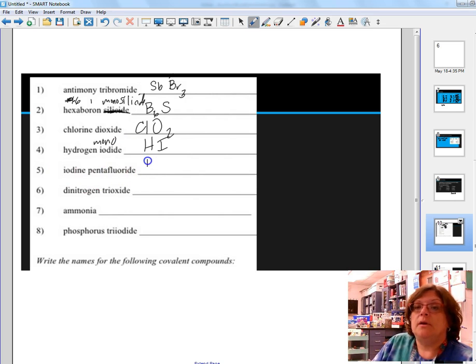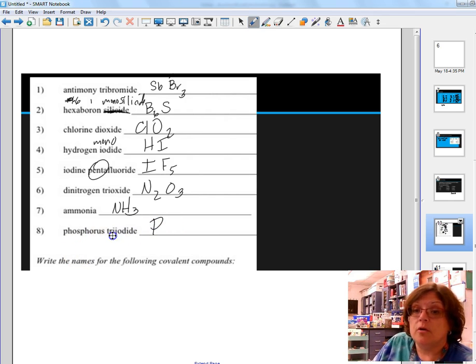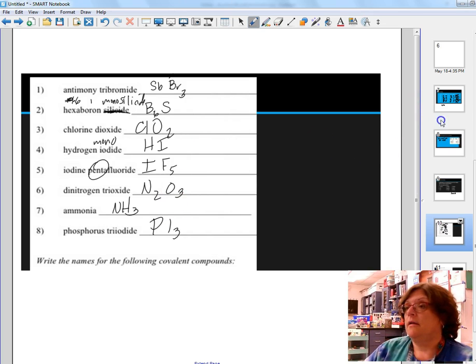Next one, iodine pentafluoride. Penta is 5. Dinitrogen trioxide, N2O3. Ammonia is NH3, which is a whole different naming system. Again, I should have vetted this a little bit more closely. Phosphorus triiodide.